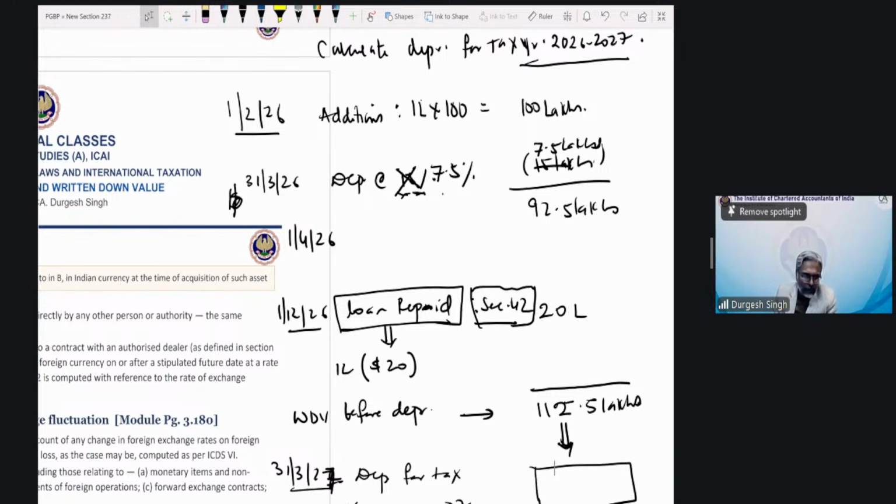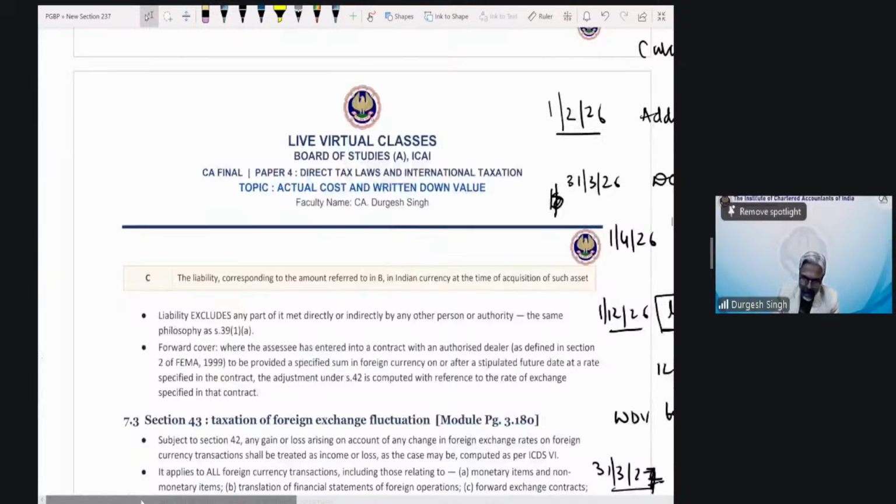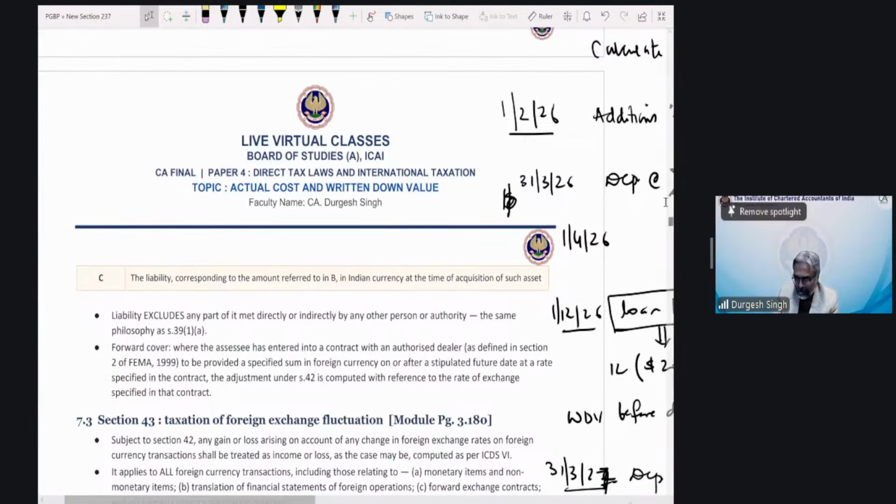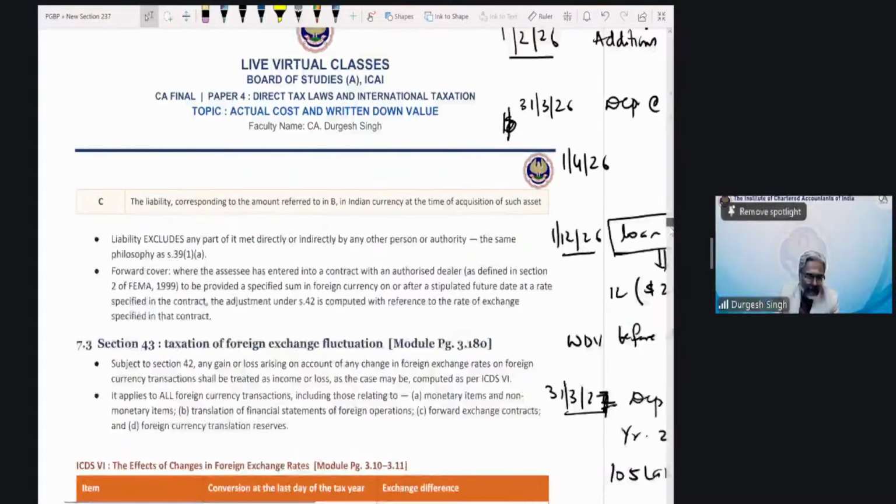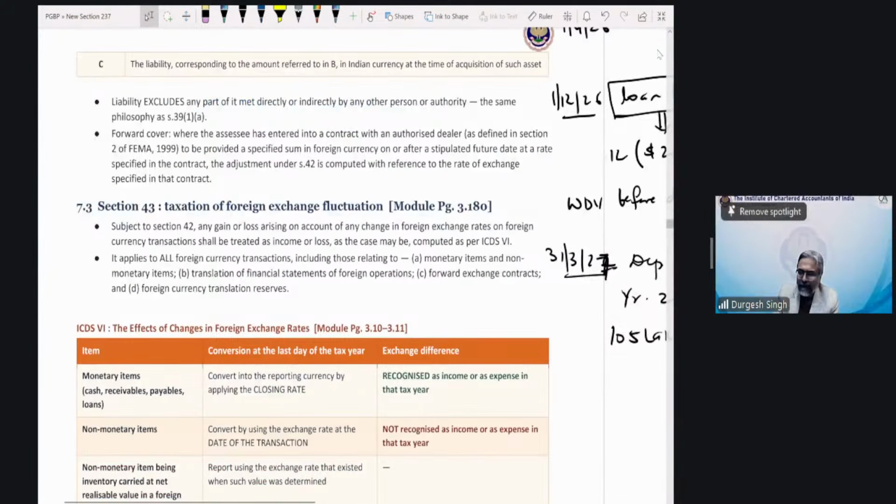And point number two. It is put to use in the same tax year. Fine, students? I hope that all of you are clear with this one.